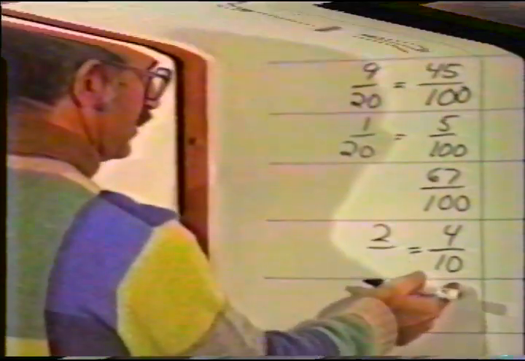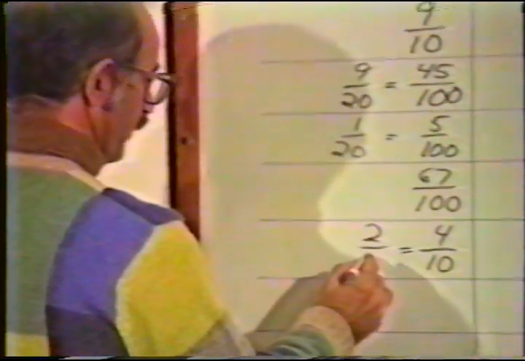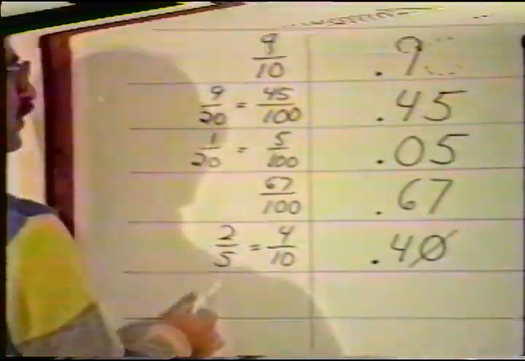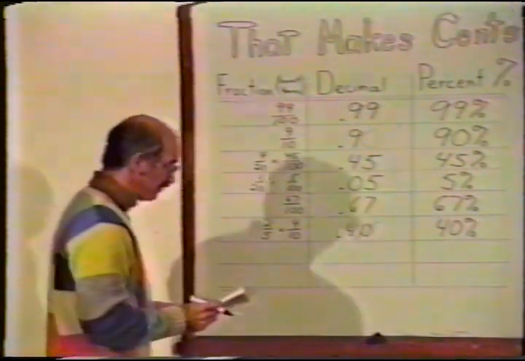And 2 into 10 is 5. 2/5. 40% is the same thing as 4/10 as a decimal, or 2/5 as a fraction.